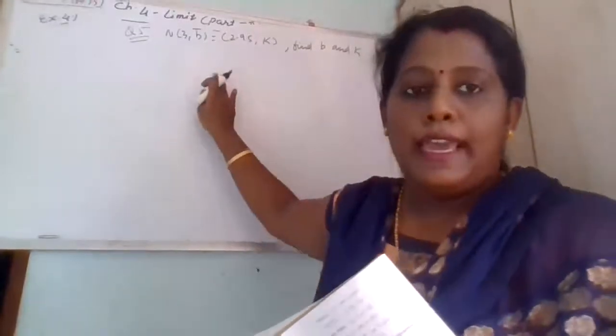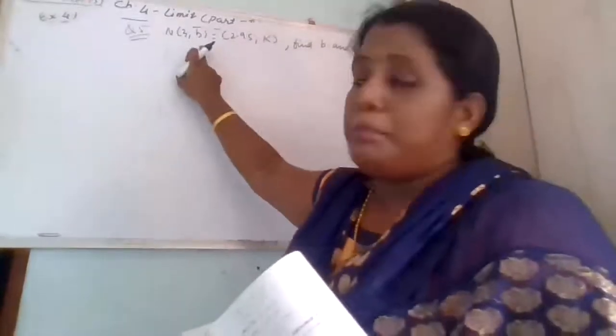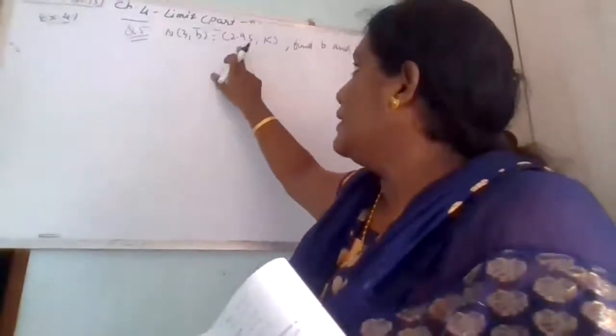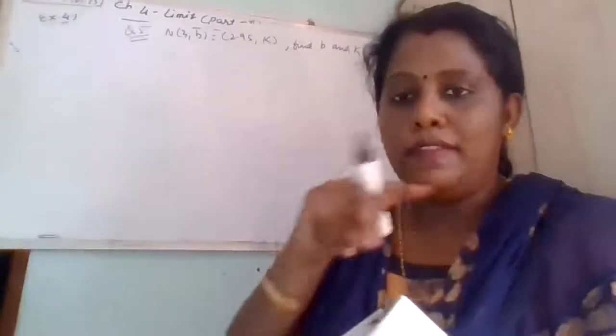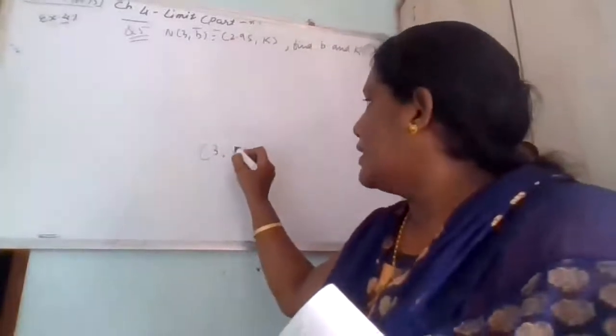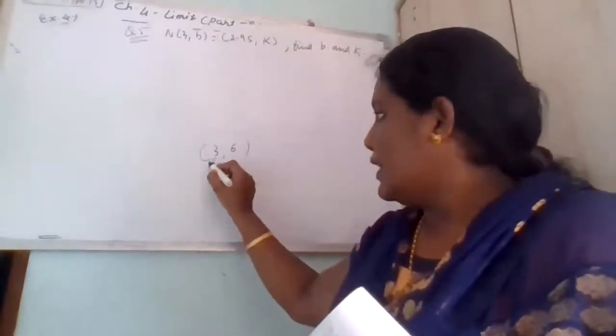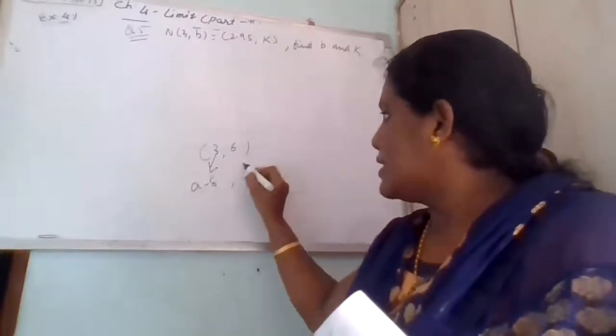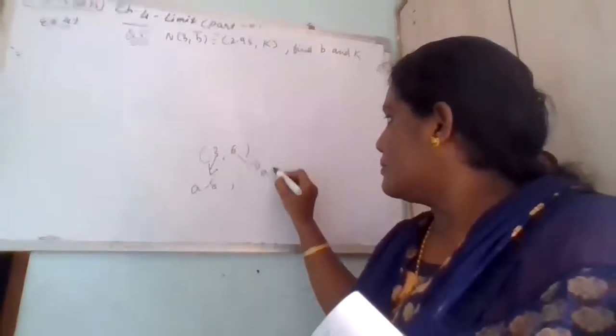So here N(a, delta) is given, and here it is given in this form, in brackets. Whenever the numbers are given in the bracket, we will take this number as a minus delta and this number as a plus delta.